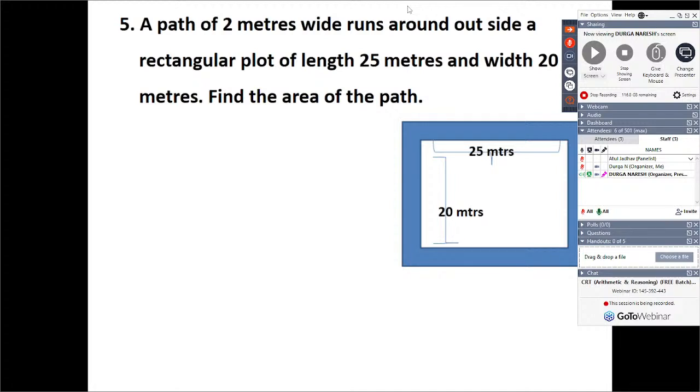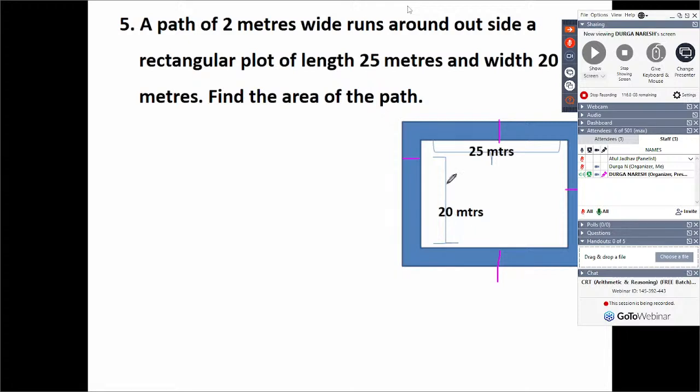So whenever the internal rectangle has length 25 and width 20, what is the width of the blue shaded region? It is 2, this is 2, this is also 2, this is also 2.